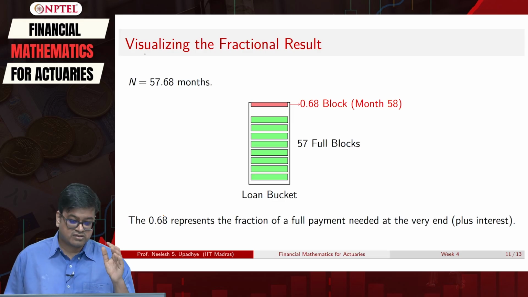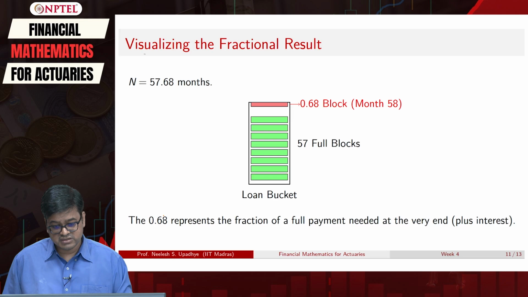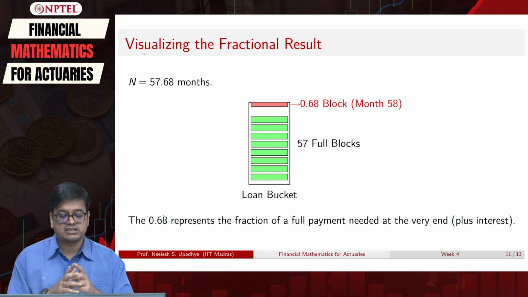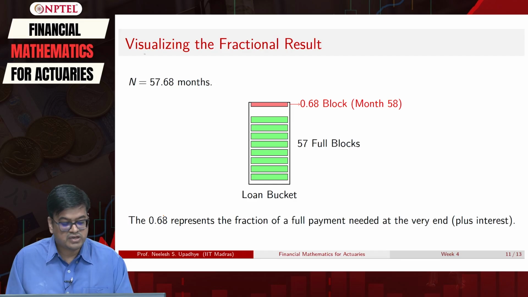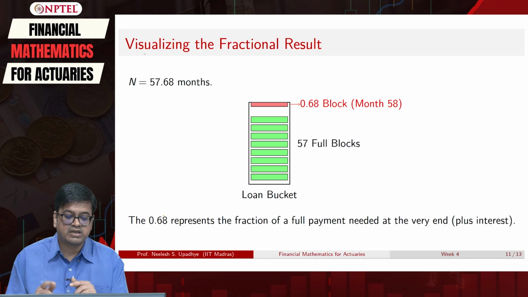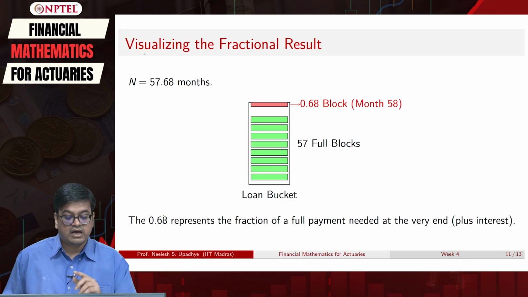How much to pay is not asked in this question, so we are not computing it, but always remember this 58th month will come with some interest associated with the block that you have unpaid at the end of the 57th month. So this you should always remember. If the question asks, you have to multiply by 1 plus the compounding frequency, I M by 12. That should be the case, right?